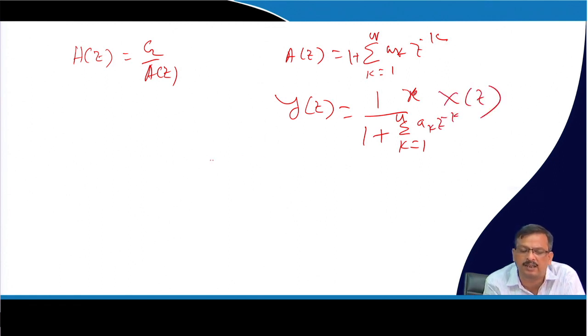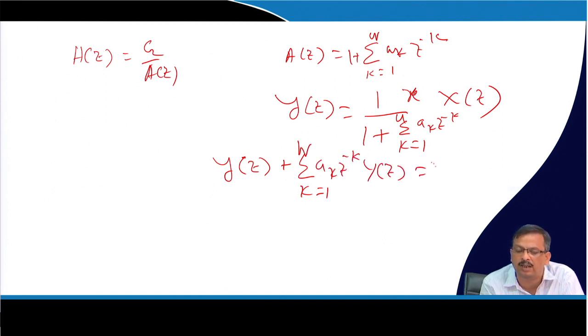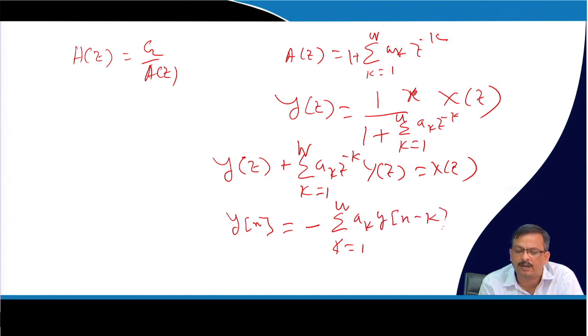So I can say it is Y of z plus the sum from k equal to 1 to q of a_k z to the power minus k into Y of z is equal to X of z. Now in the time domain, it is y of n is equal to minus the sum from k equal to 1 to q of a_k y of n minus k plus x of n.